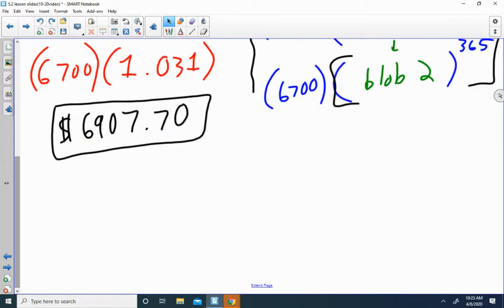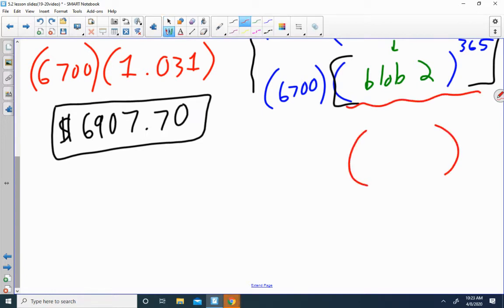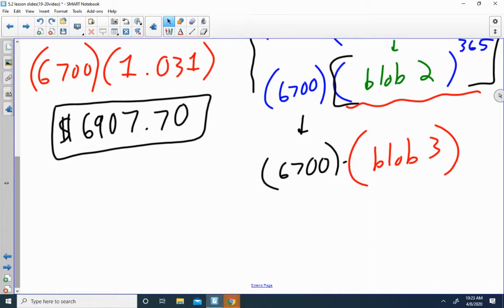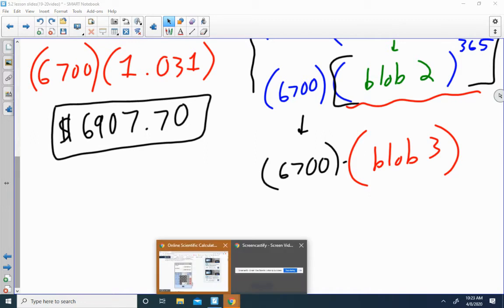All right, almost done. So I just did blob 2 to the power 365, and that got us blob 3 in the calculator. And it looks like the only thing I have to do now is take blob 3, multiply it by 6,700. And let's see what we get.